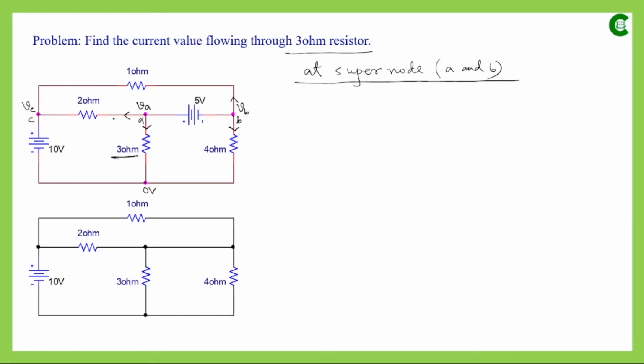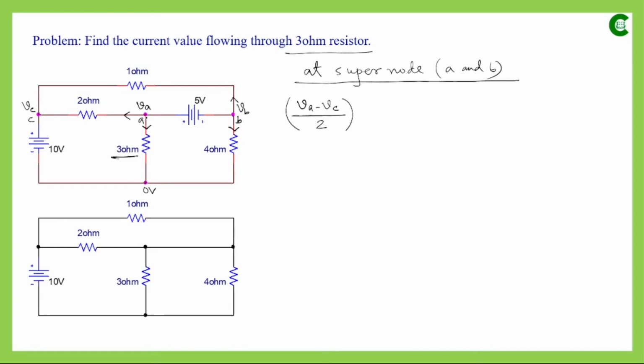Through this branch, since we have assumed that the current is leaving this node, A is at higher potential as per our assumption and C is at lower potential. So the potential difference will be VA minus VC, divided by the resistance value. Dividing by 2 ohm gives the current value through that path, so VA minus VC divided by 2 will be the current.